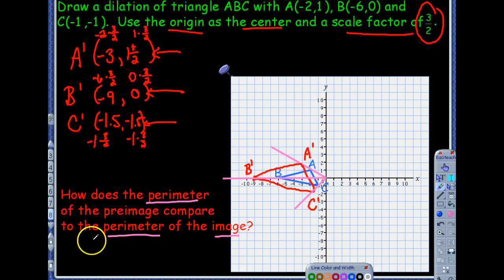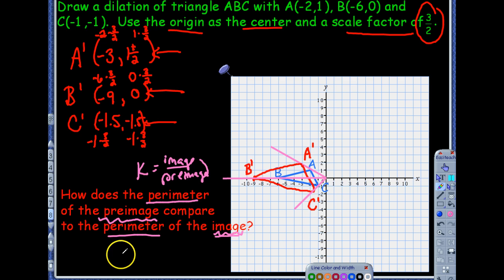Now, based on what they said, it would actually not be 3/2, it would be 2/3. Because we know that scale factor goes image over pre-image, and since they're saying compare the pre-image to the image, you're just doing the reciprocal of that. So the ratio would be 2/3.